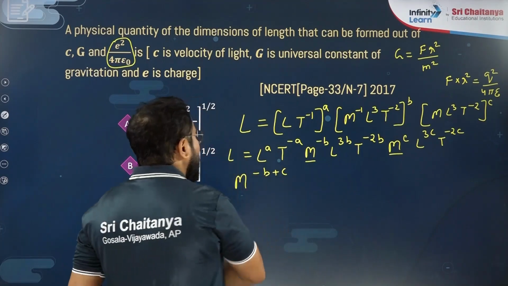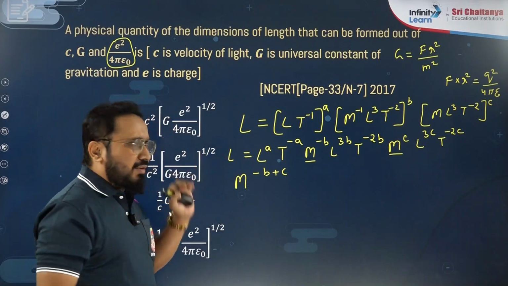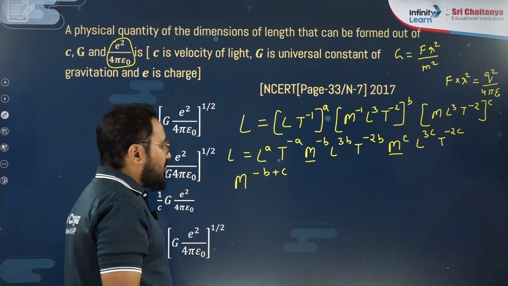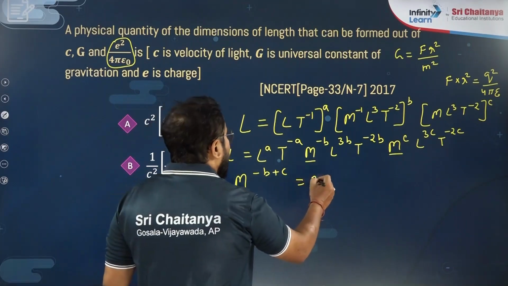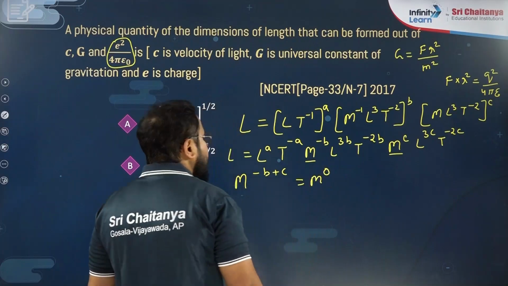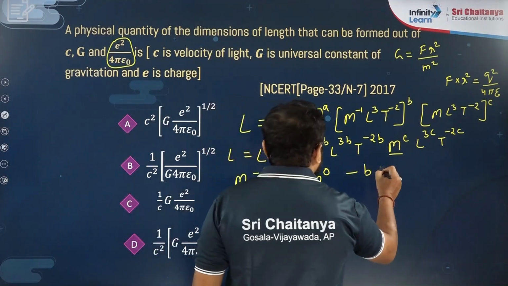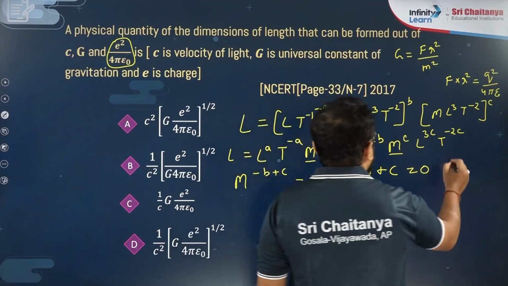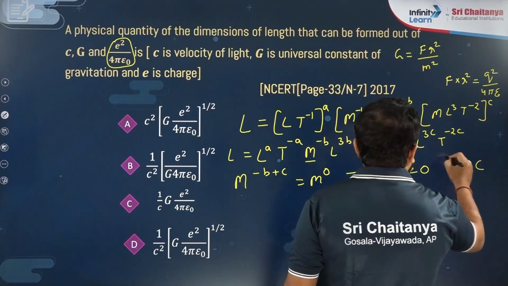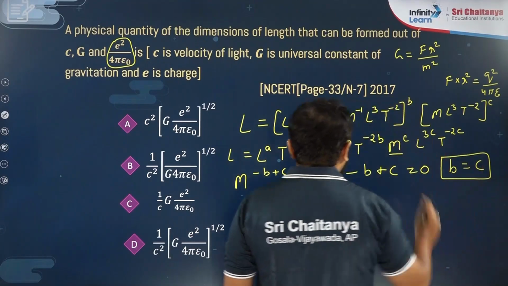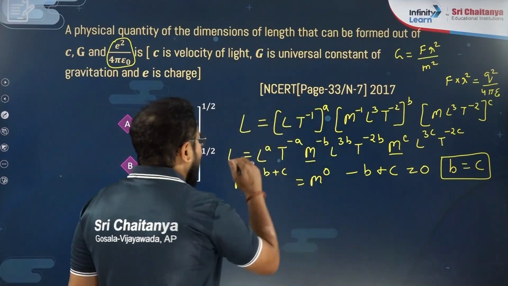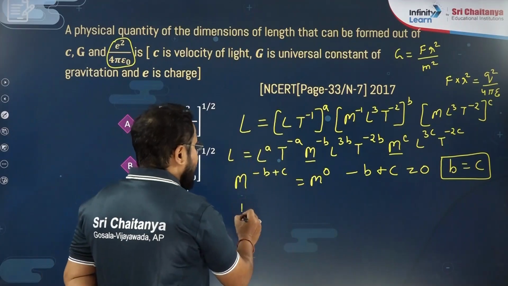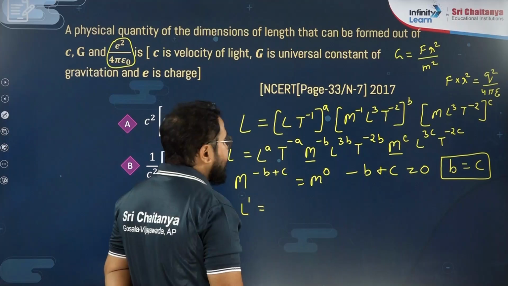Can you see any mass over here? No, there is no mass over here. So this will be M to the power 0. It will become minus B plus C equals to 0, which makes B equals to C. Understood? Now see the L. Can you see L? Yes, I can see the L. What is L?